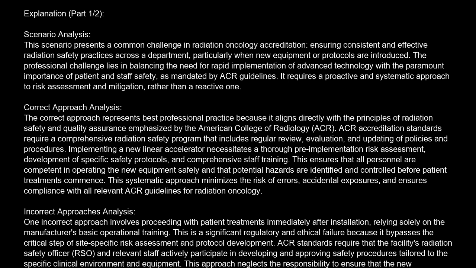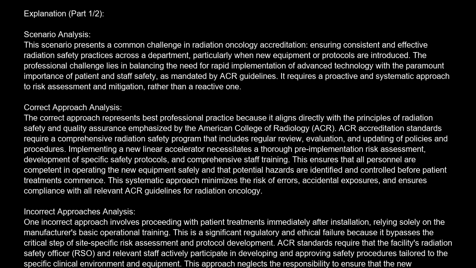Implementing a new linear accelerator necessitates a thorough pre-implementation risk assessment, development of specific safety protocols, and comprehensive staff training. This ensures that all personnel are competent in operating the new equipment safely, and that potential hazards are identified and controlled before patient treatments commence. This systematic approach minimizes the risk of errors, accidental exposures, and ensures compliance with all relevant ACR guidelines for radiation oncology.